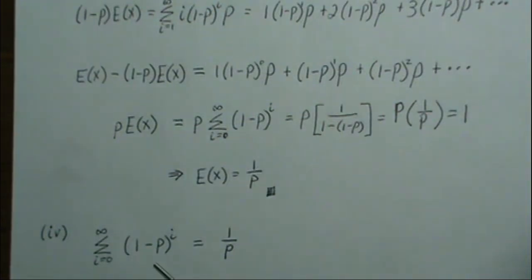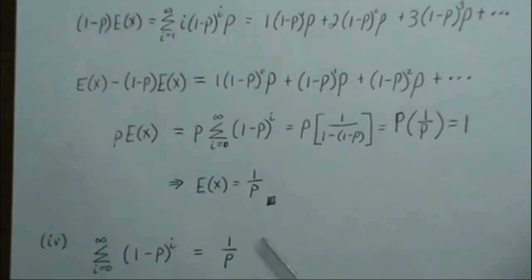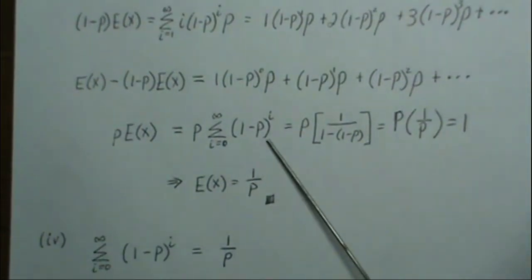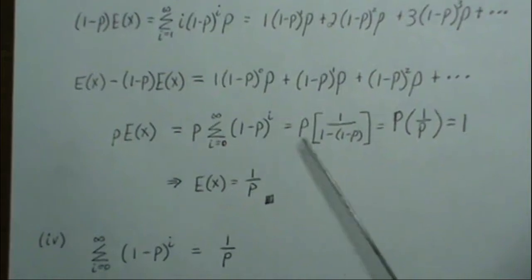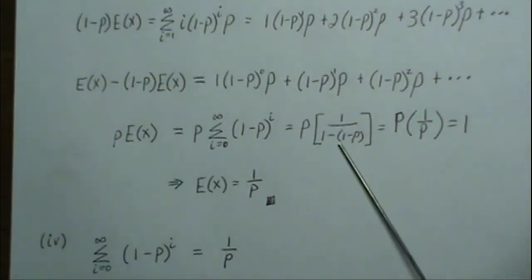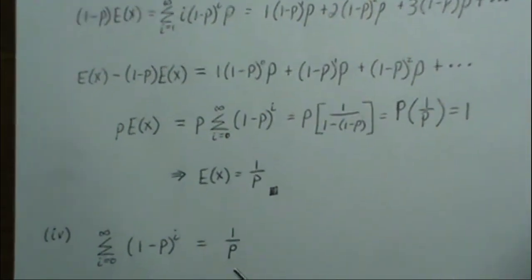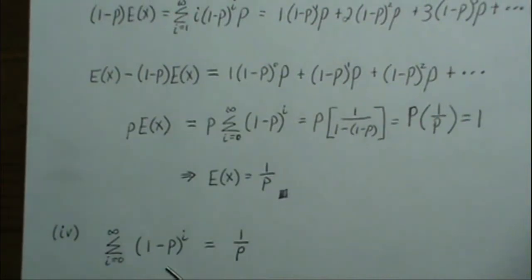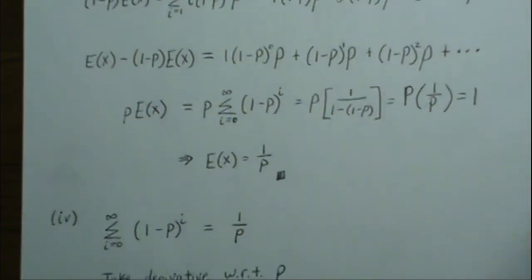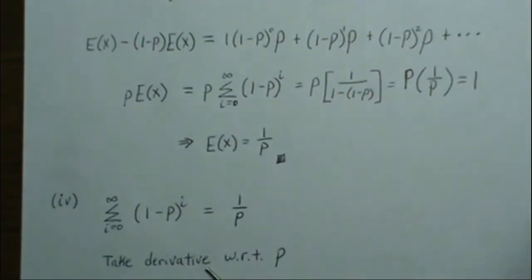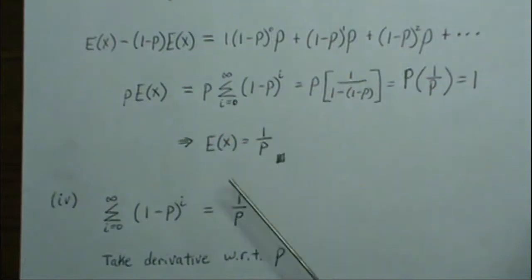We know that this geometric series is equal to 1 over p, and we just showed that this piece simplified to 1 over p, so that's here. And it's just a geometric series. So if we take the derivative of both sides, and remember this goes from 0 to infinity, just like this.